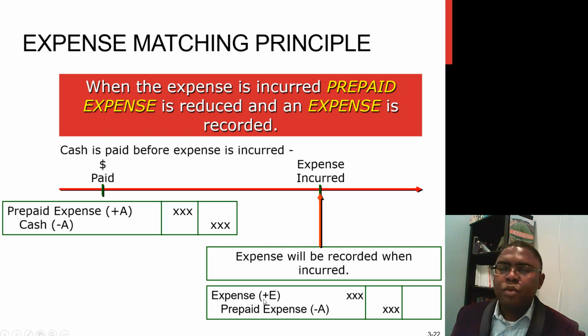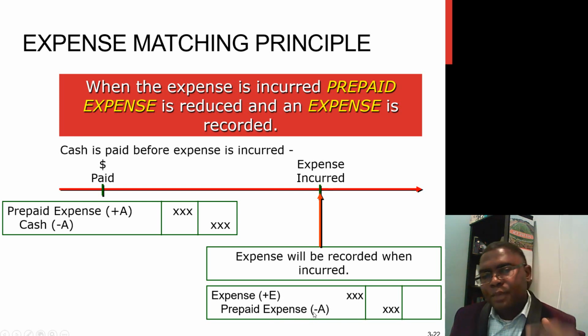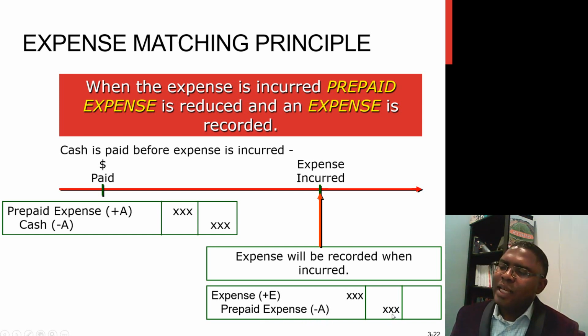Increases in expense take a debit balance, and prepaid expense is an asset that is going to decrease. A decrease in an asset takes a credit balance. So this is how we journalize this kind of transaction.